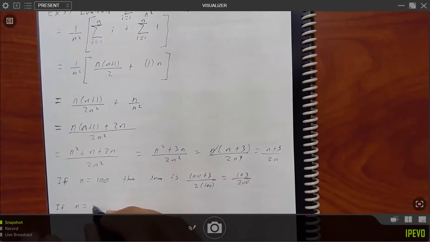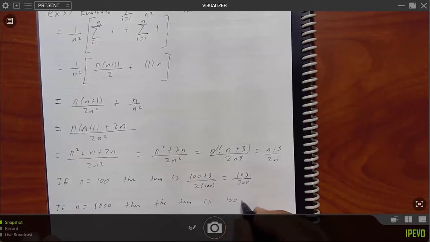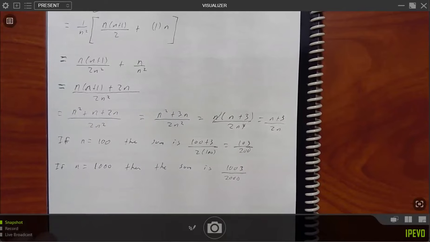If n is, let's say, 1,000, then the sum would be 1,003 over 2,000. Anyway, does this make sense? Yes, sir.